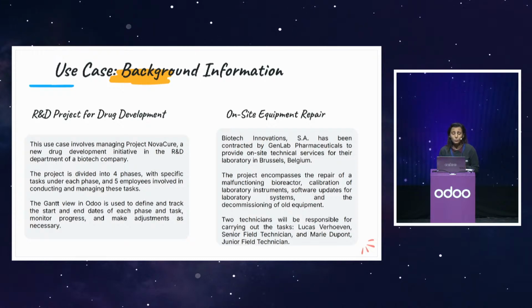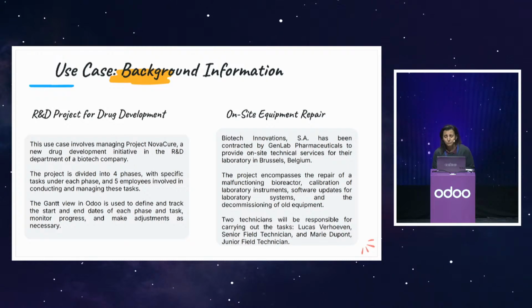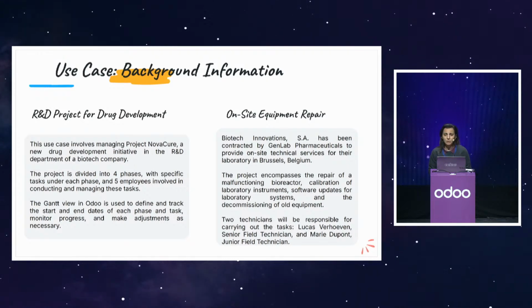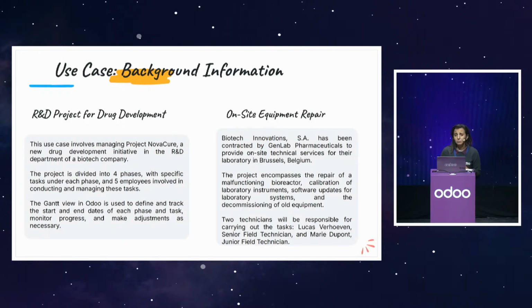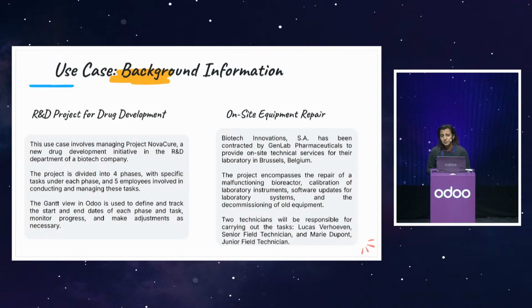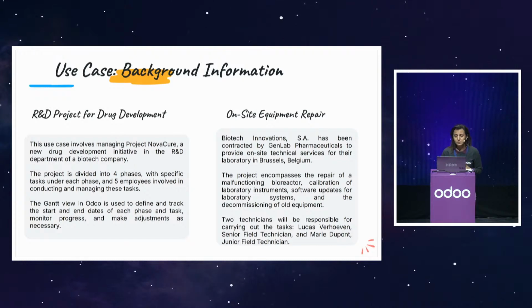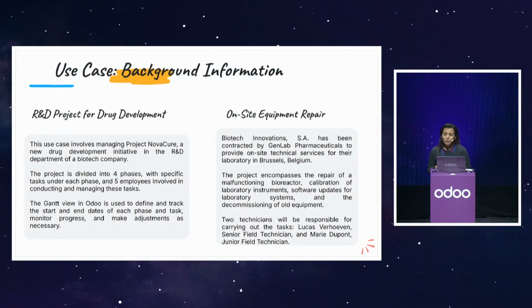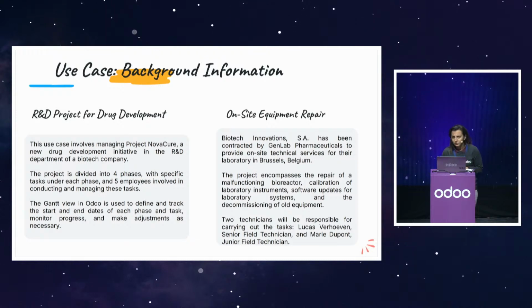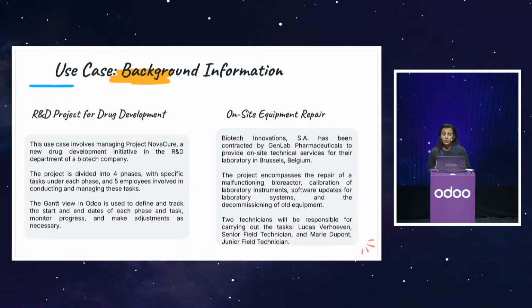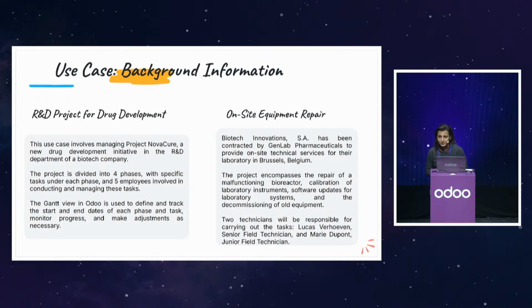The second real-world scenario involves the same biotech company, which is called Biotech Innovation. But this time, our company is contracted by one of its clients, Genlab Pharmaceutical, in order to perform some on-site technical interventions for one of their laboratories in Brussels.